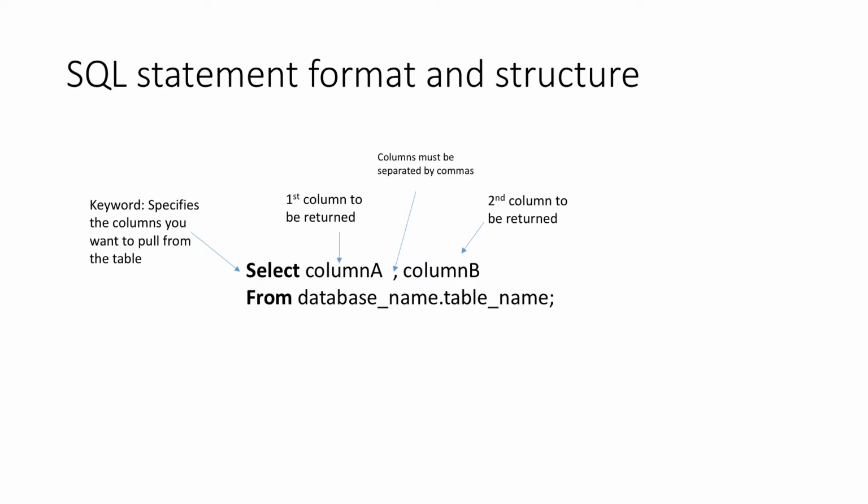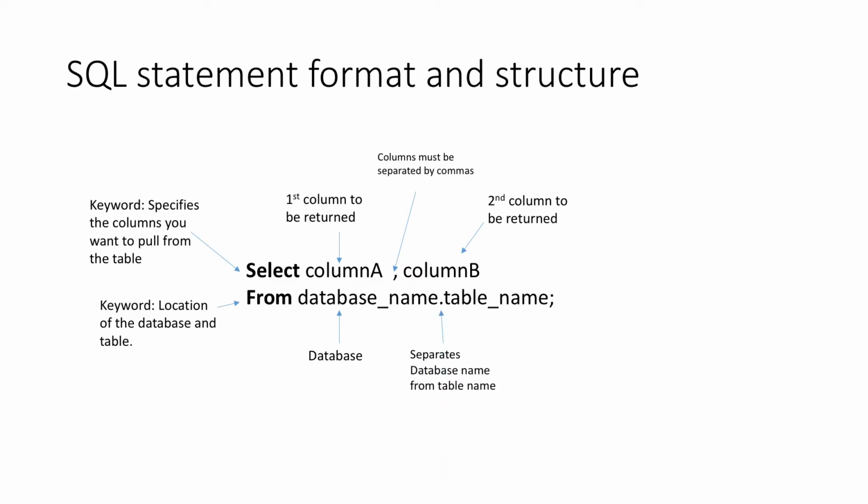If we put another comma behind that, then the parser, or whatever evaluates a SQL command, is going to expect another column, and it's going to give you an error. From, this is going to list what database we're going to go to look for the table. So that's the from, and this will be the actual name of the database.